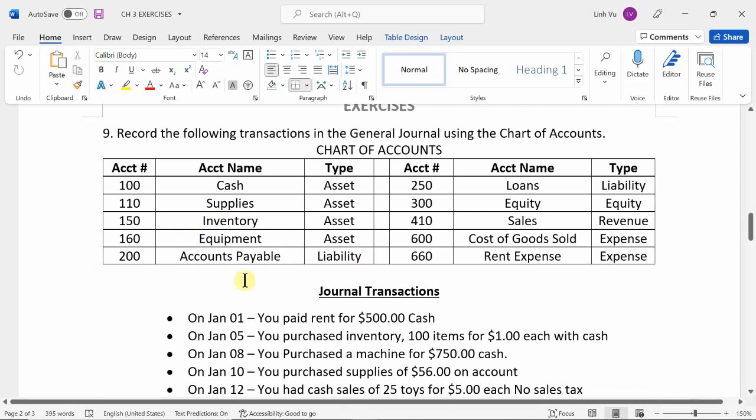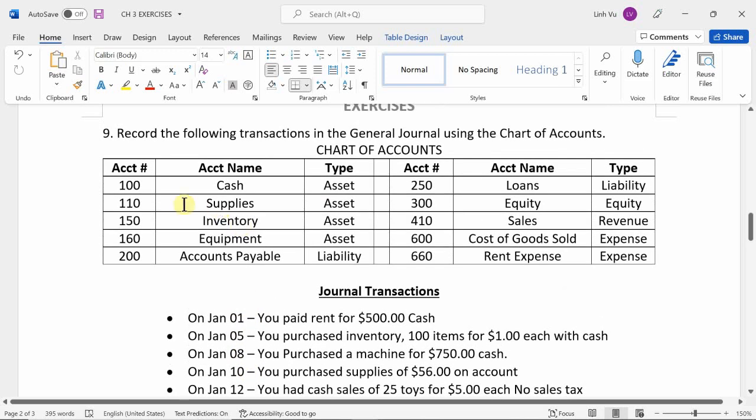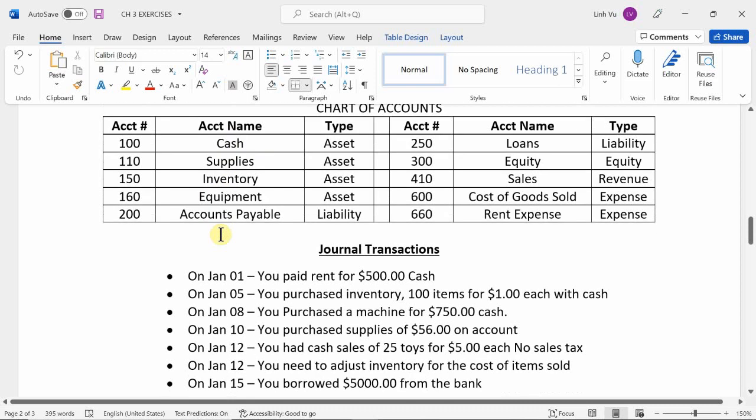Now, what did I buy? I bought supplies. Did I increase my supplies or decrease my supplies? Because it's an asset, it's a debit increase. So we debit. Now, since I owe money to this vendor, did I increase the money that I owe or decrease it? We increase the amount we owe.